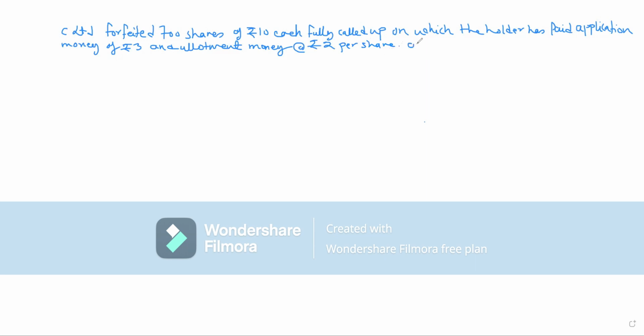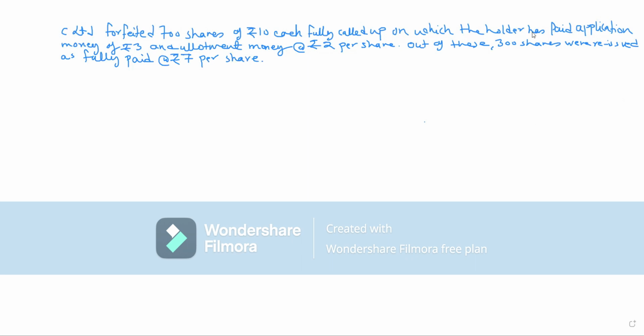Out of these, 300 shares were reissued as fully paid at rupees 7 per share.